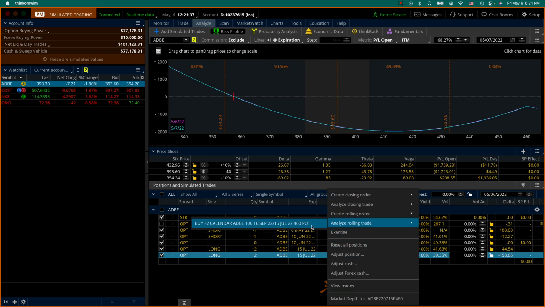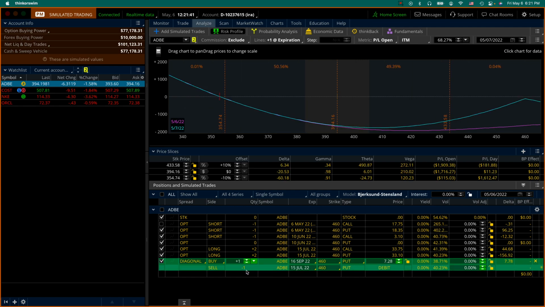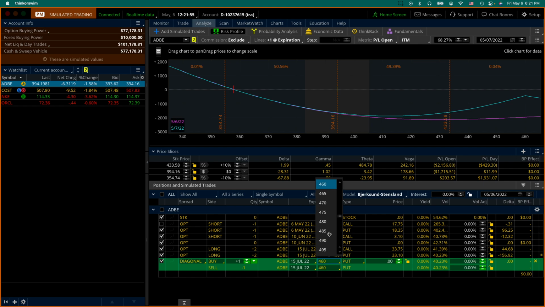Analyze rolling. And we are going to sell one of those puts and buy one at a lower strike price. In this case, 395 might do, with the same expiration of July 15th. Just change the strike price to 395.